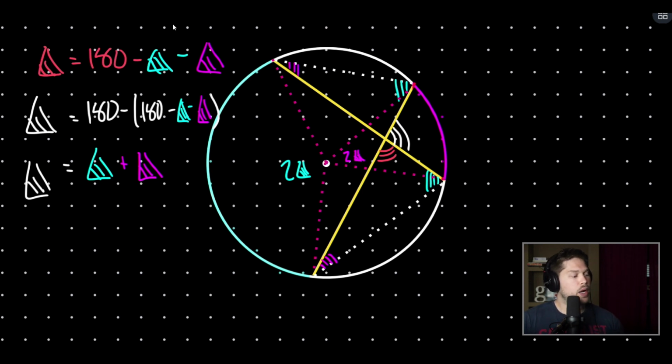So what I'm going to do is scale this up. I'm going to say 1/2, and then instead of blue plus purple, 2 blue plus 2 purple. But again, 2 blue and 2 purple is equivalent to the arc measure. So it's going to be 1/2 times the blue arc plus the purple arc.